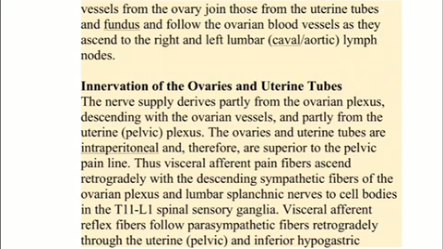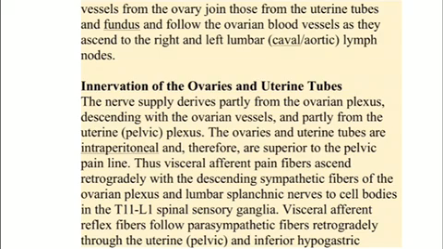There are visceral afferent pain fibers which ascend retrogradely with the descending sympathetic fibers of the ovarian plexus and the lumbar splanchnic nerves. So these go to the cell bodies in the T11 to L1 spinal sensory ganglia.